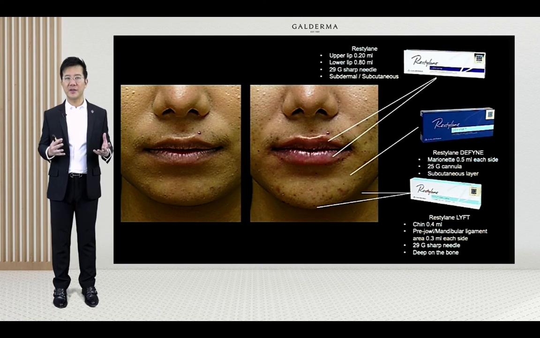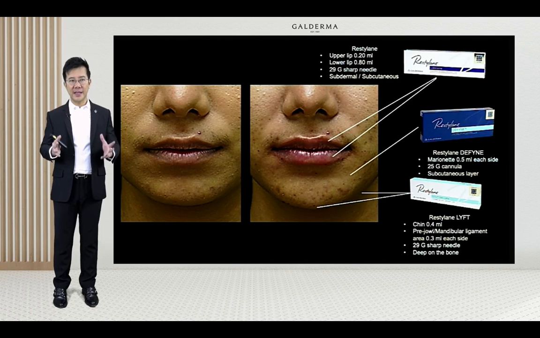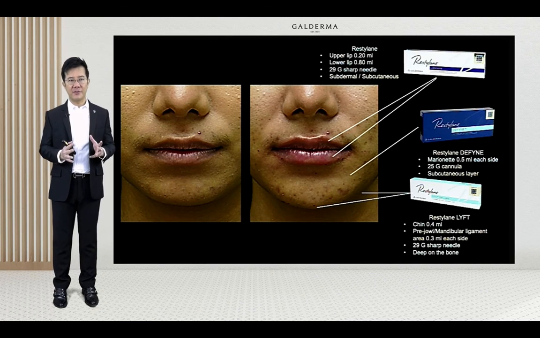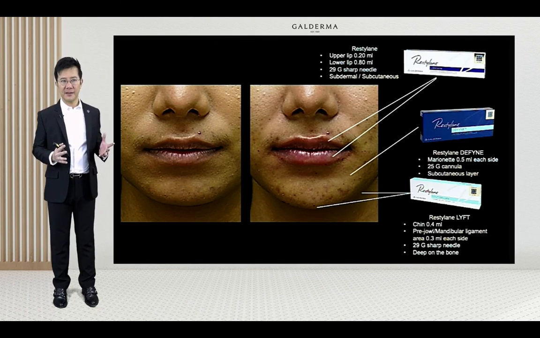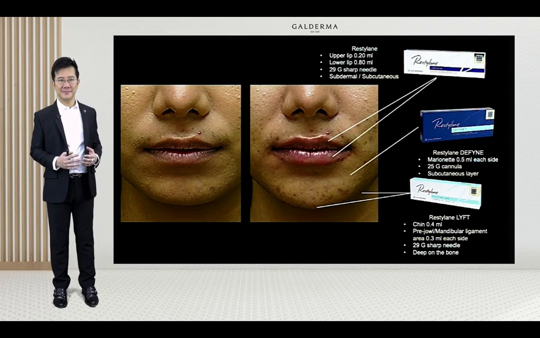The surrounding area of the lip are also important because aging happens everywhere. Then lips and surrounding area should be treated together to get the balance and harmony of the perfect smile.